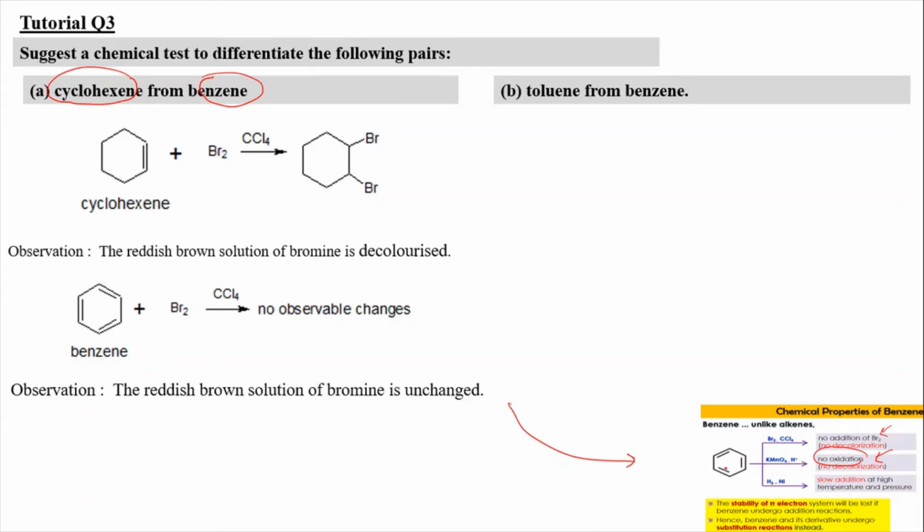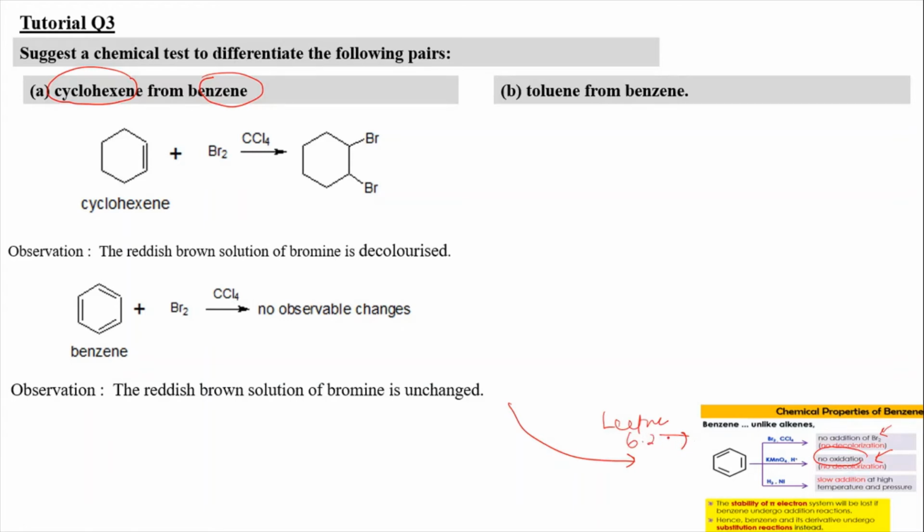So the pi electron delocalization will provide stability to the benzene ring, and that is why it will not undergo addition or oxidation reaction. Okay, apa yang dia lalui adalah substitution reaction, which is electrophilic aromatic substitution. So this is from your lecture 6.2.